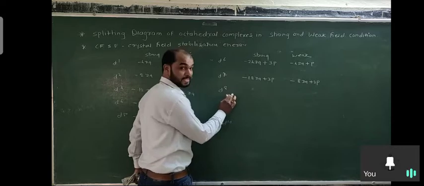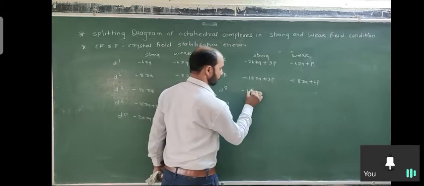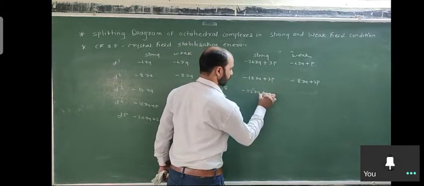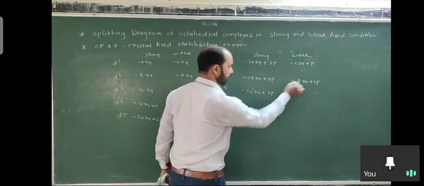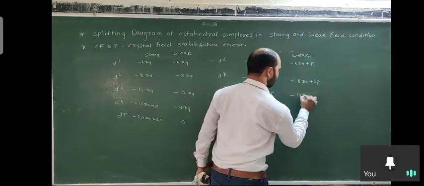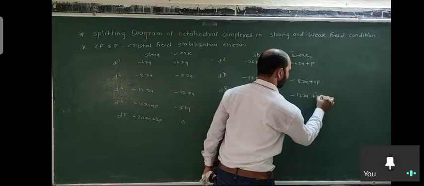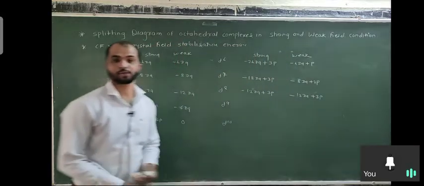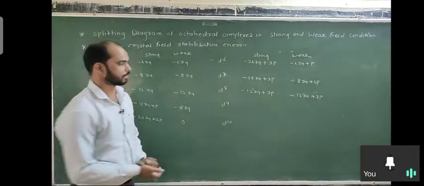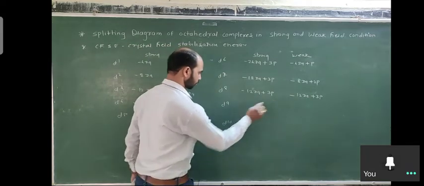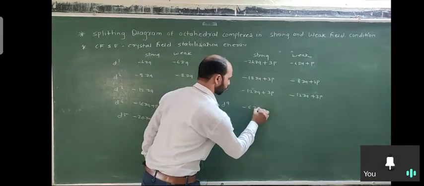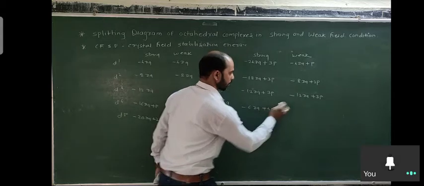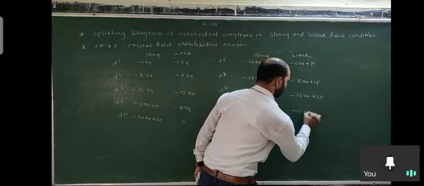Okay, for D8, it is minus 12 Dq plus 3p in both. For D9, here minus 6 Dq plus 4p, and here minus 16 Dq.